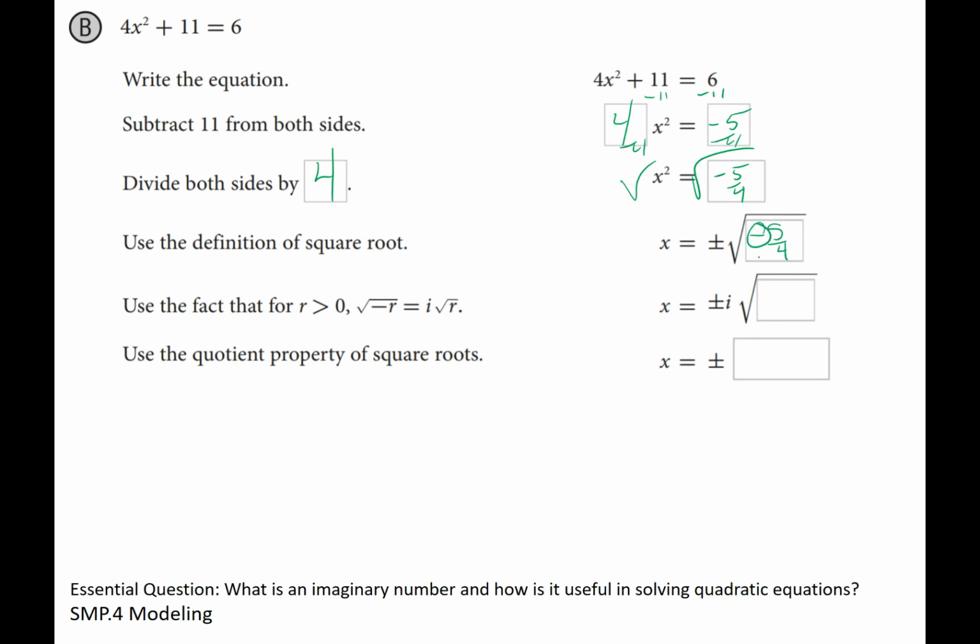I see a negative under a radical, I pluck my eyes out, and I still have 5/4. The 5 can't be reduced, but the 4 certainly can. So I've got i square root of 5, and the square root of 4 is 2. So plus or minus i square root of 5 over 2 is fine. You could also write it as plus or minus square root of 5 times i over 2.